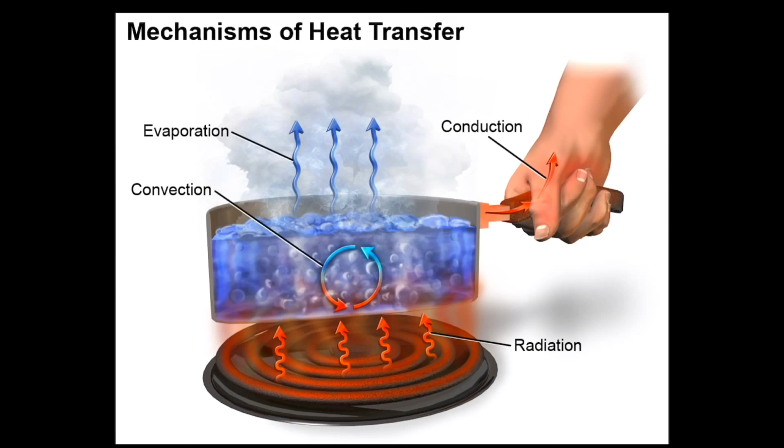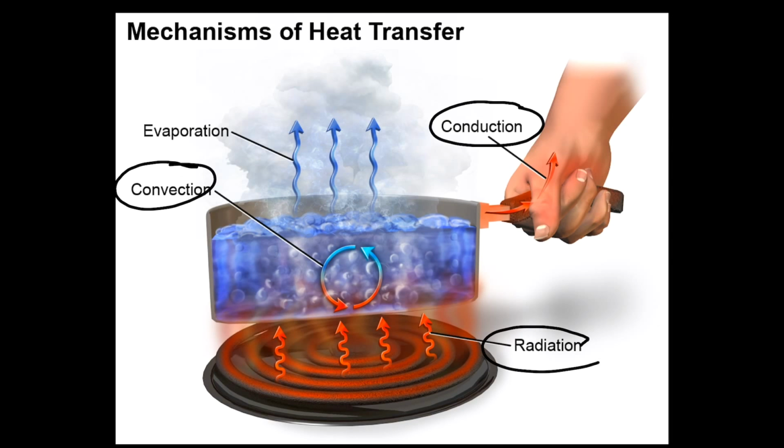So, the mechanism of heat transfer. There are three main mechanisms: conduction, convection, and radiation. From this picture, it's pretty clear. If we see, conduction generally happens through a solid object, right? So let's put it that here. This convection is happening through fluid movement.